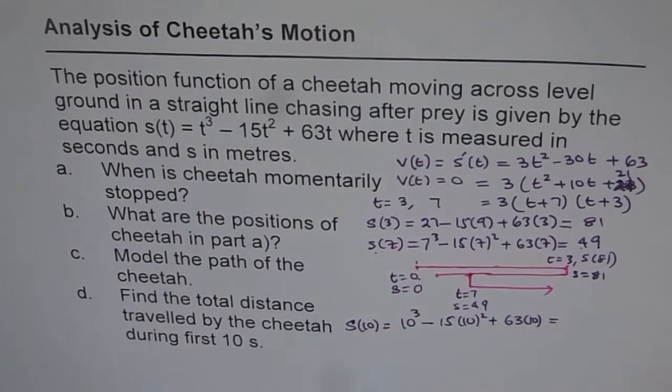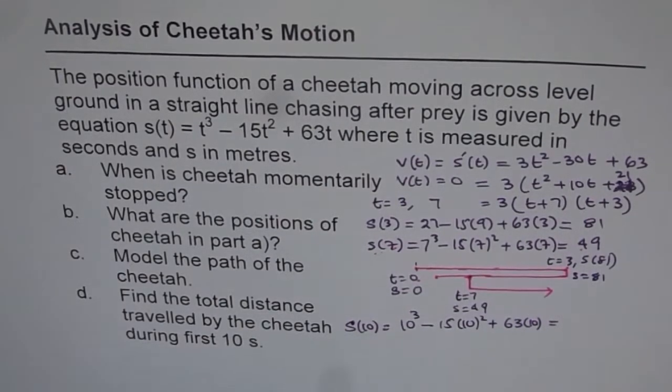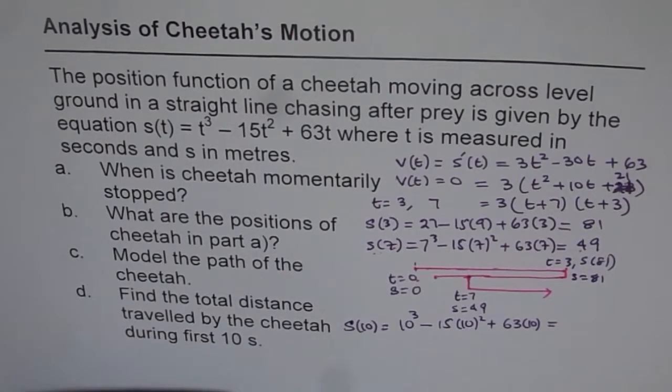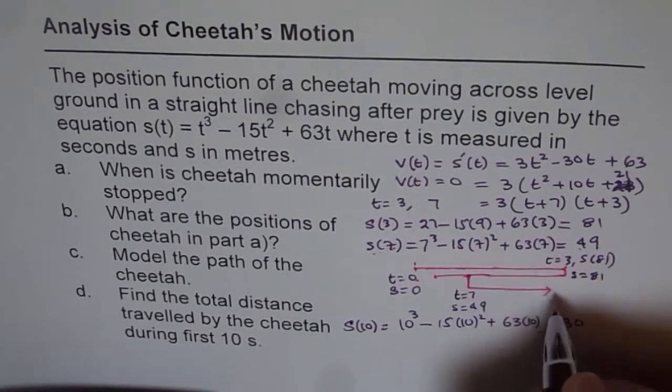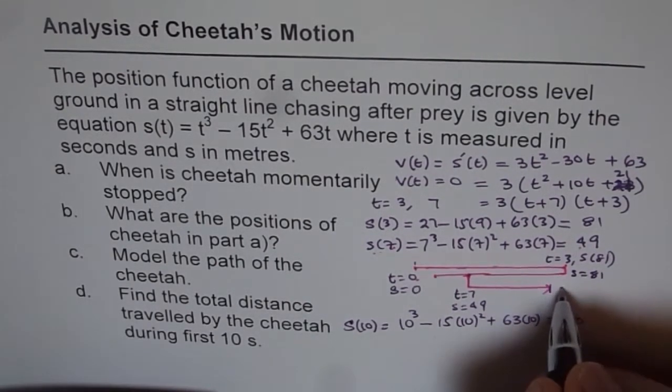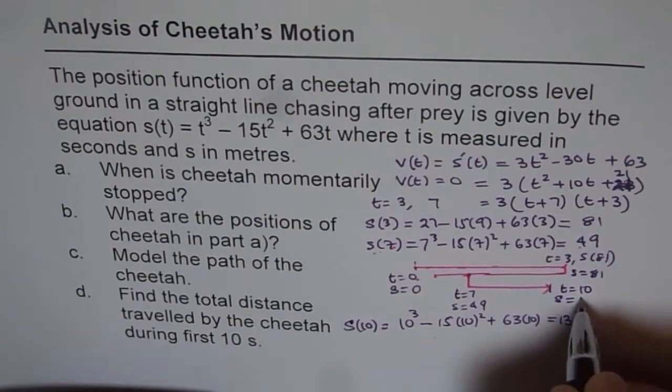When you calculate this, you get 130. Let's say this point is here, where t equals 10 and displacement equals 130.